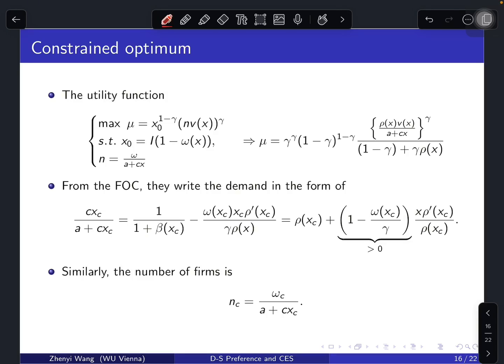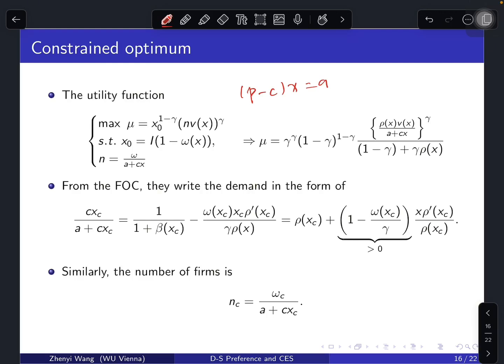Then, unlike the CES case, the CD framework maximizes the utility directly under the constrained optimum. It's because in the Cobb-Douglas framework, the intra-equilibrium condition, if you remember, B max say x equals A, isn't explicitly used as a constraint.